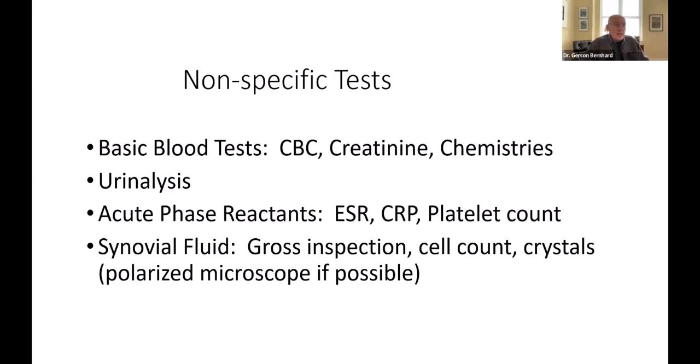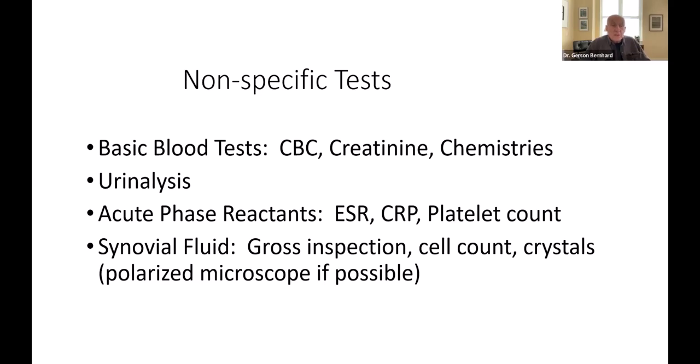So there are a bunch of non-specific tests that I think you need to pay attention to. And very often I find when people send consultations to us online, they don't include some of these results. Yes, they may include a CBC, which will tell us a lot.